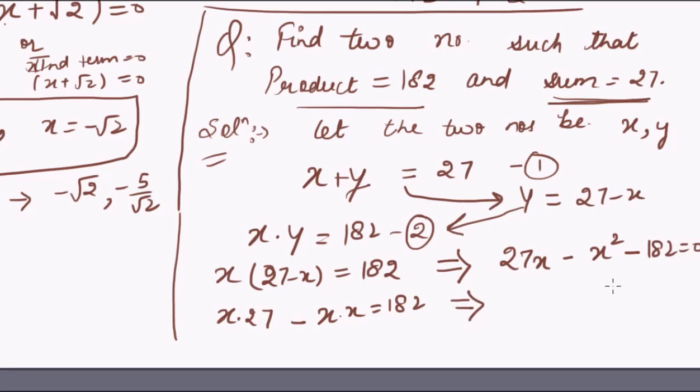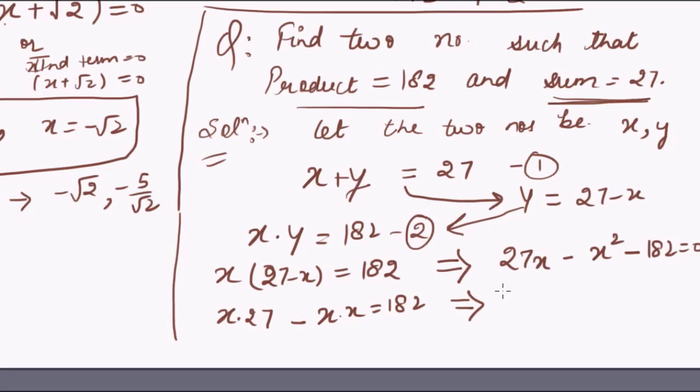Generally, we make the coefficient of x² positive when dealing with quadratic equations. Therefore, take -1 common from all the terms.